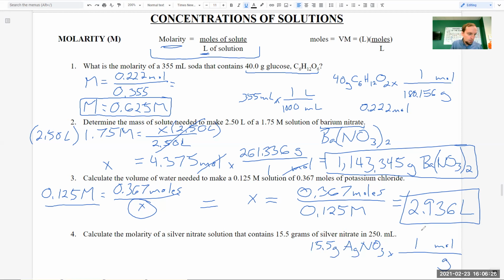I'm going to add that to 1 nitrogen, 14.007, and I'm going to add that to 3 oxygens, 15.999 times 3. And my mass of silver nitrate is 169.872. So I'm going to go ahead and take 15.5, divide that by my previous answer, and my moles is going to be 0.091 moles.